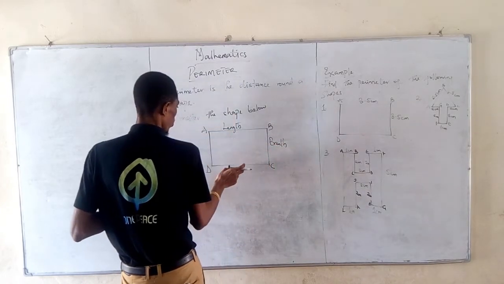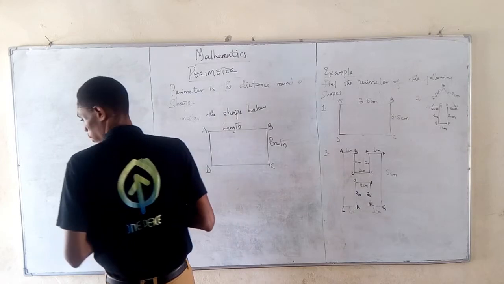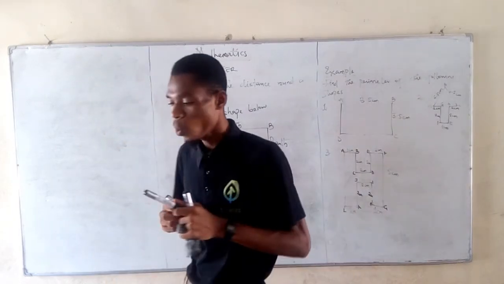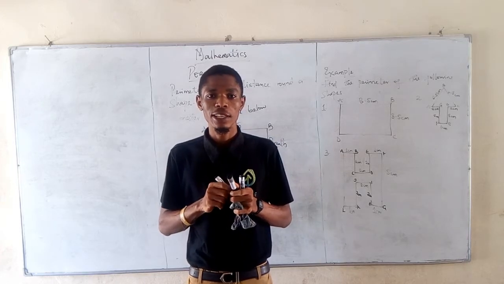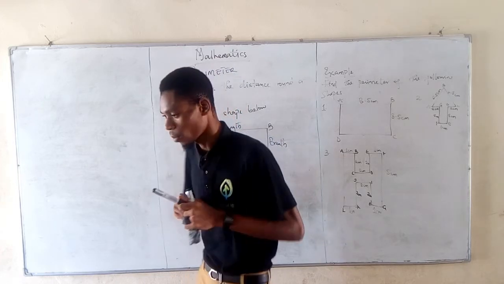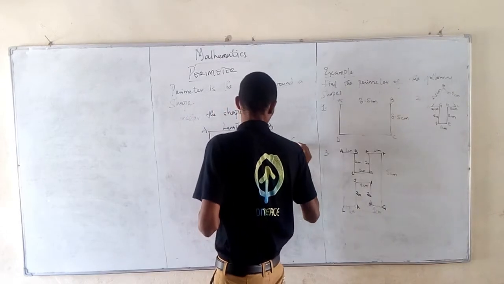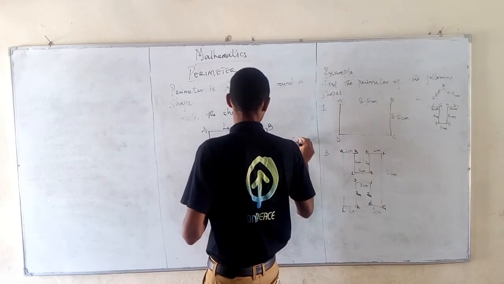Okay? This place also is the length, and this place also is the breadth. Now, we want to consider the perimeter of this shape. Let's try it out and see what we get. Here will be B, and here will be L.